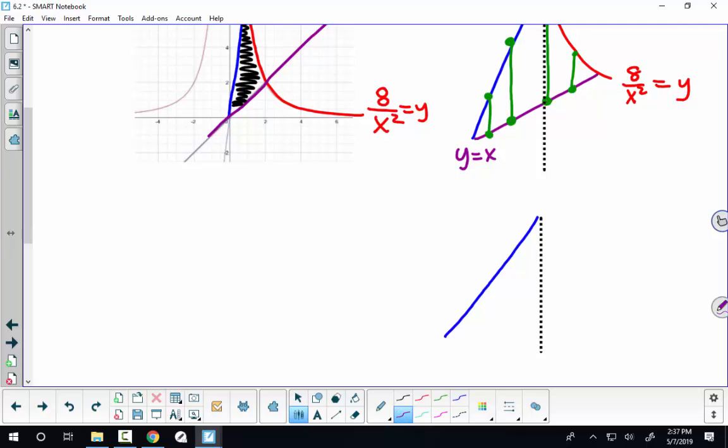So what this is equivalent to, if I can draw this over here, is finding the area of that region plus the area of the other region. Oh, dang it. Why did that change?